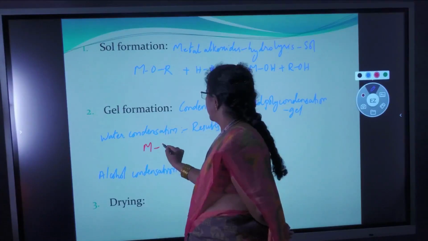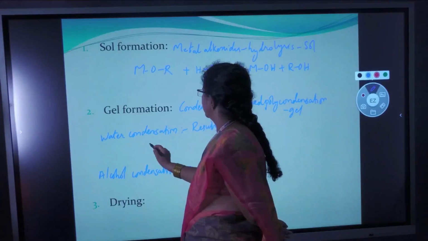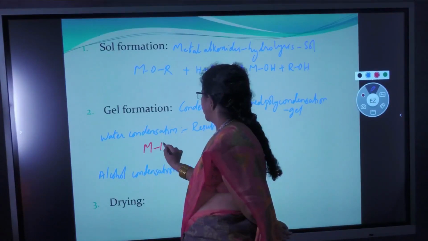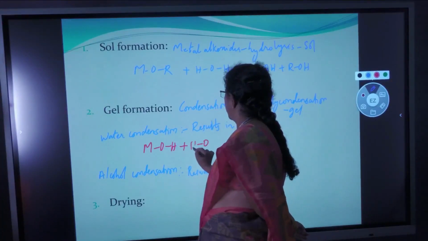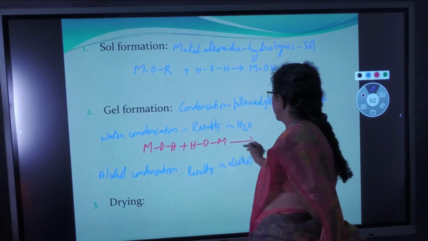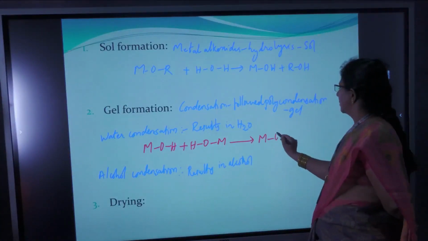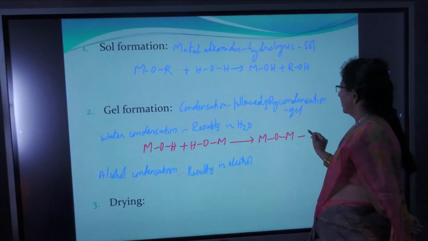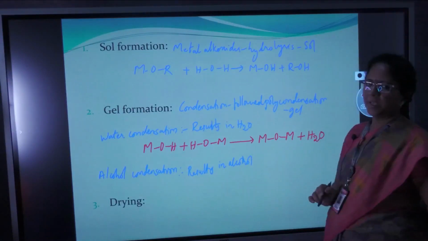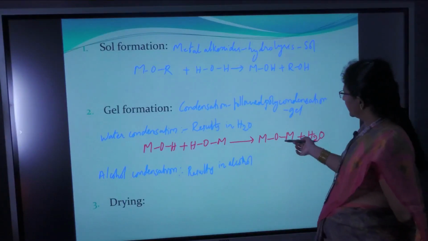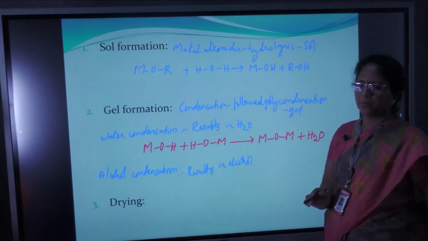So here, sol will undergo condensation and forms gel like this. Here water is being formed. Next, this will undergo polycondensation and forms metal oxo compounds.